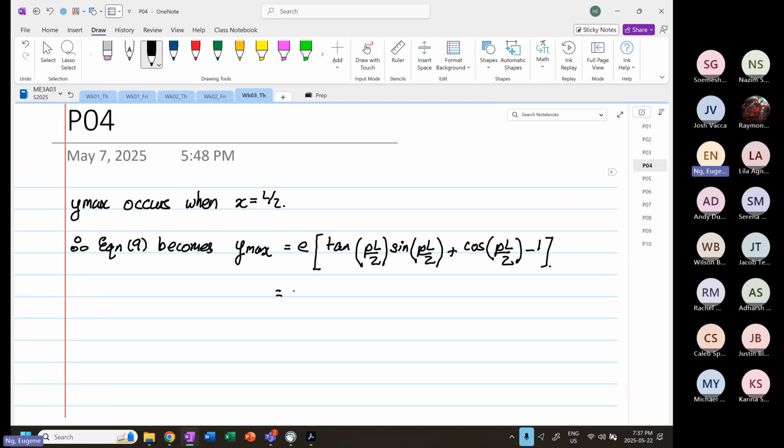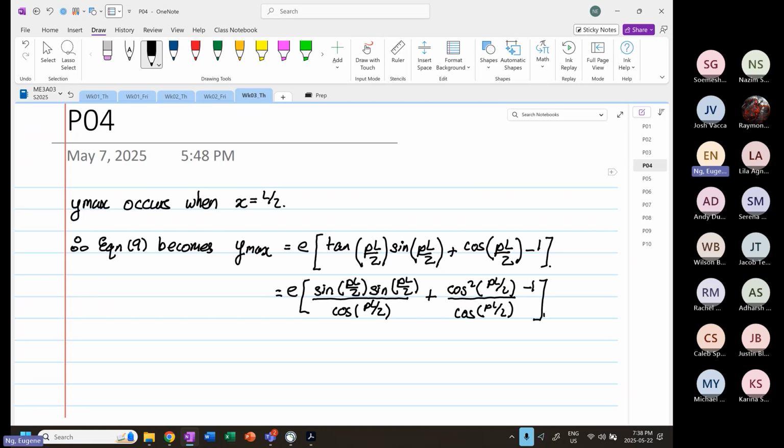So this will be equal to e, sine pL over 2 times sine pL over 2 divided by cos pL over 2, and then plus cos squared pL over 2 divided by cos pL over 2, and then down here you just leave the minus 1.